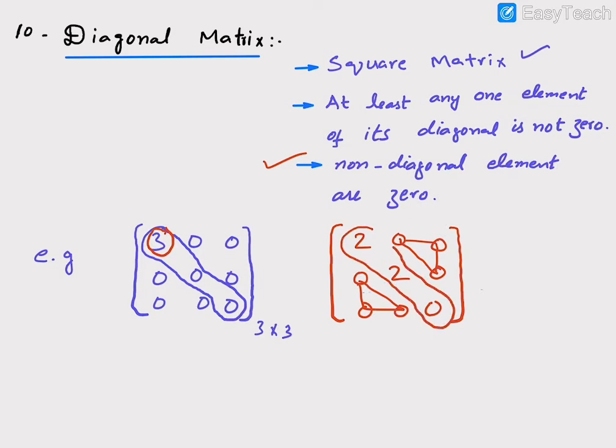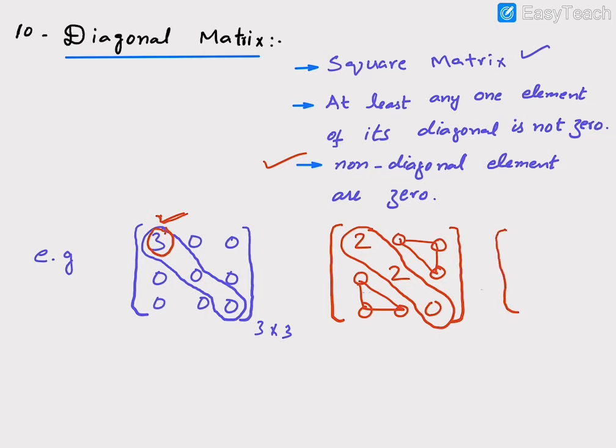In the first example at least one is non-zero, here 3 is non-zero. In the second example, I have written 2 2 0 in the diagonal, so more than one are non-zero.